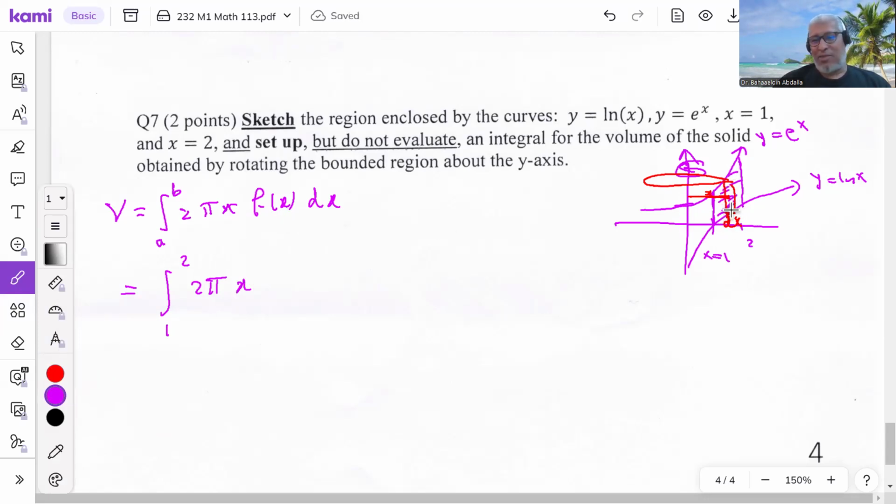To find the height of the rectangle, it is the above curve minus the lower curve. So e^x minus ln x. And that's it. This will give you the volume of this region when you rotate about the y-axis.